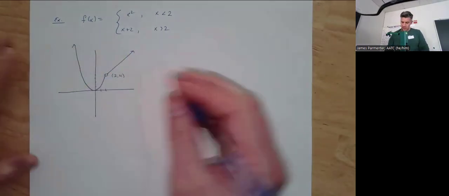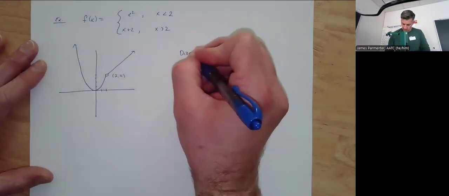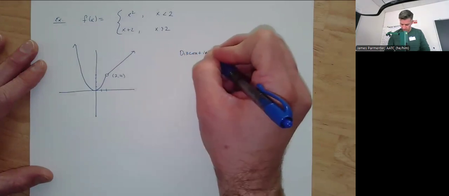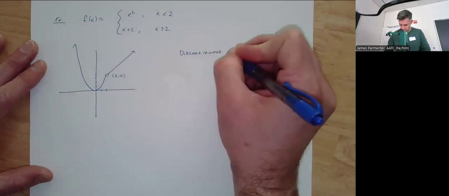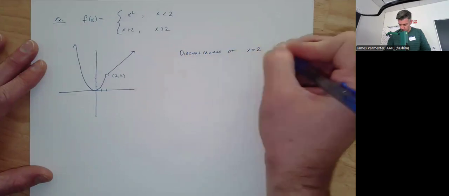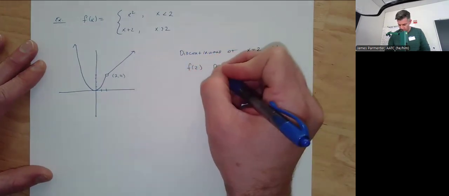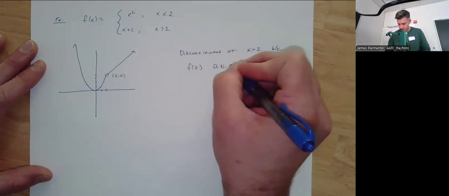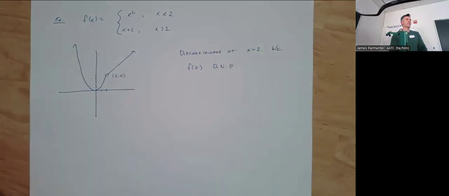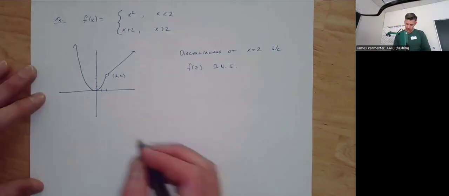And this function is discontinuous at x equal to 2 because f of 2 is not defined or does not exist. So one way to be discontinuous is just to not even exist at the particular point of interest. But sometimes you are defined.